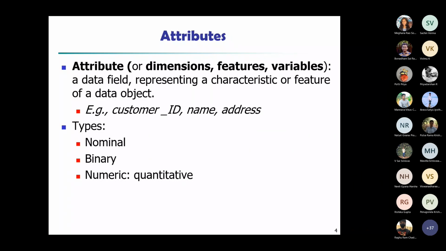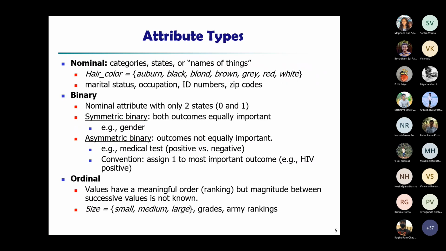So now, what are the types of attributes? We have something called nominal, binary, numeric, etc. So what is this nominal? Nominal means this kind of categoric attributes only. But there is no specific order or anything like that. So it is just some discrete values, but like some names.